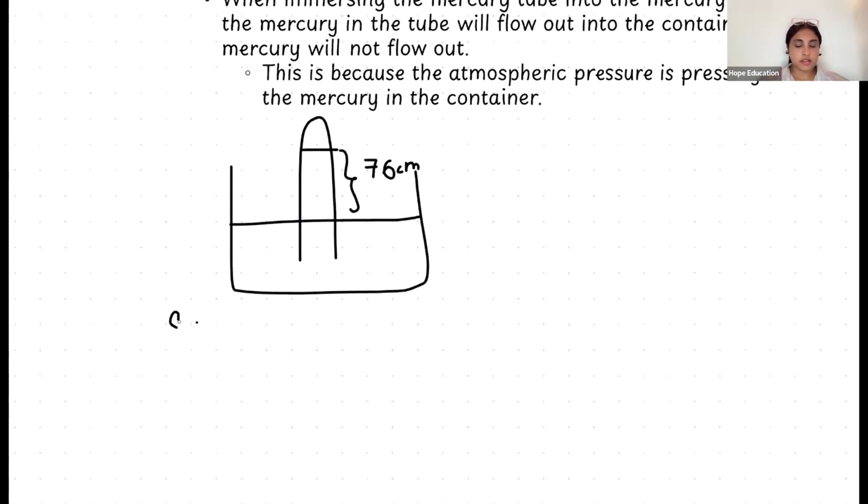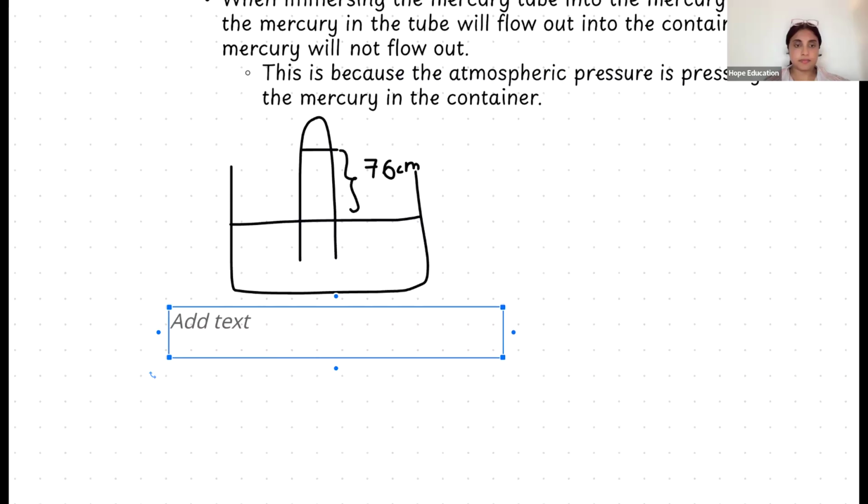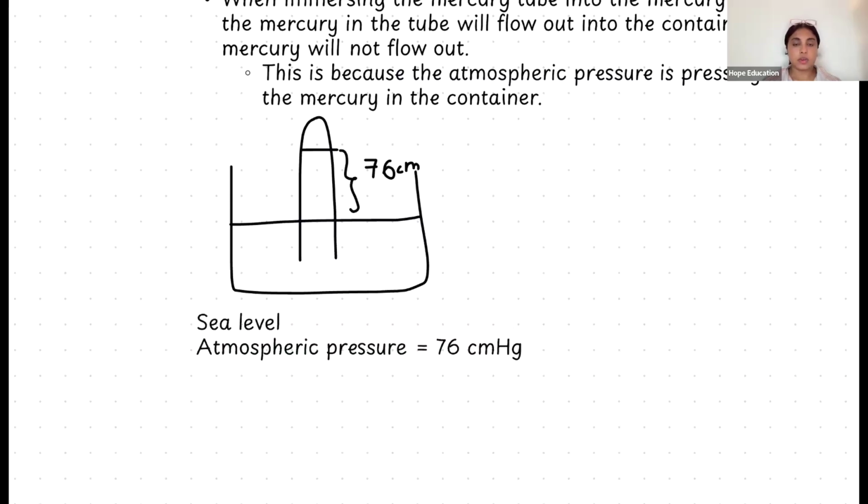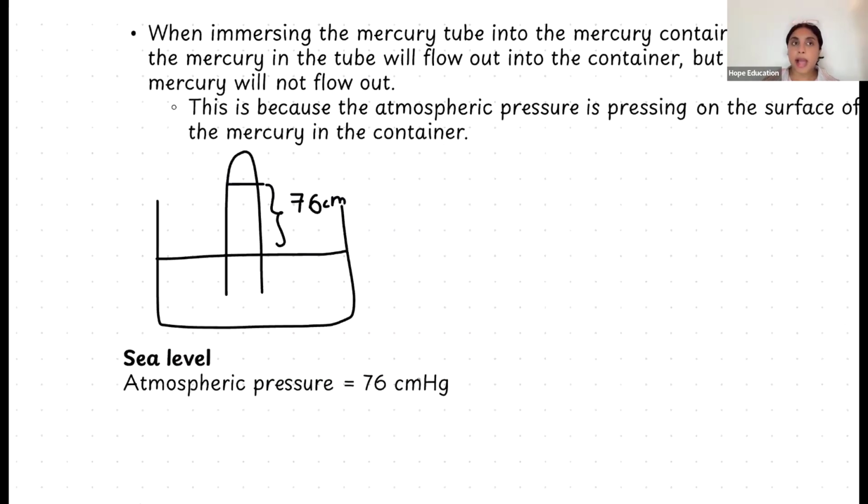Therefore, we can write atmospheric pressure as 76 centimeter Hg at sea level. Okay. But let's say when we go to Mount Everest, we know that the pressure is less. Atmospheric pressure is less. We already talked about that.